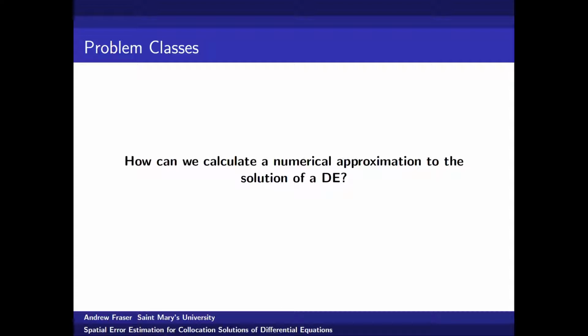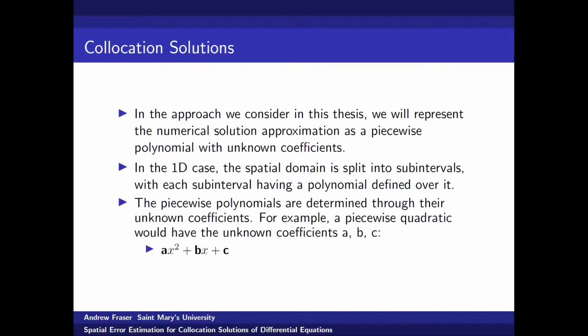Now that we have introduced our different problem classes, we can then ask, how can we calculate a numerical approximation to the solution of these differential equations? In the approach we consider in this thesis, we will represent the numerical solution approximation as a piecewise polynomial with unknown coefficients. In the one-dimensional case, the spatial domain is split into subintervals, with each subinterval having a polynomial defined over it.